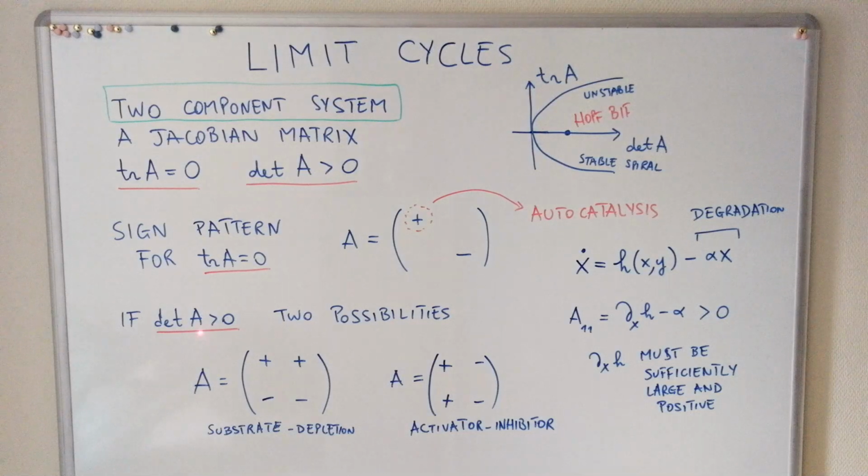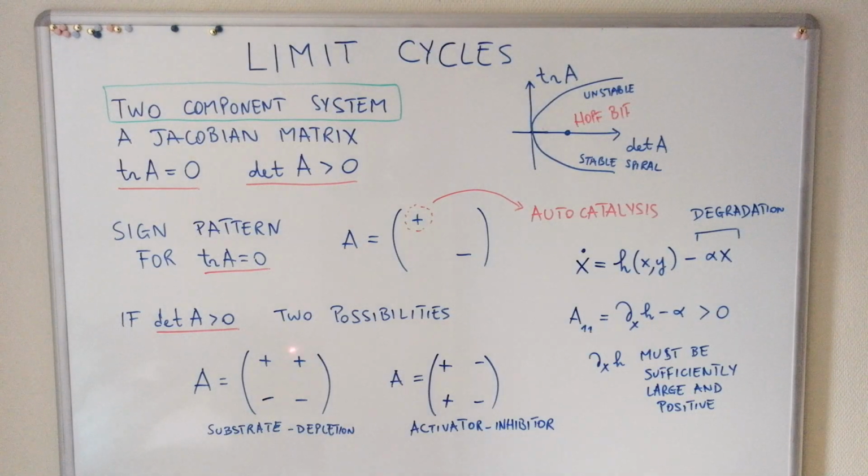For this to happen, I must also have a specific sign pattern. I must have opposite signs in these two off-diagonal sides, such that I get a positive determinant. The product of these two must be compensated by a sufficiently positive term coming from this.